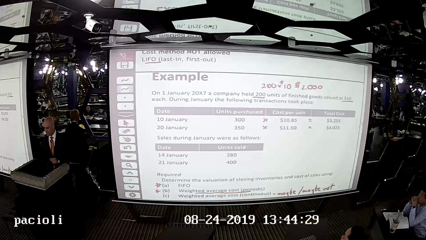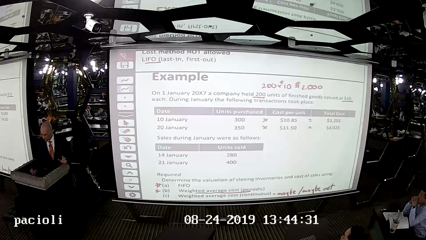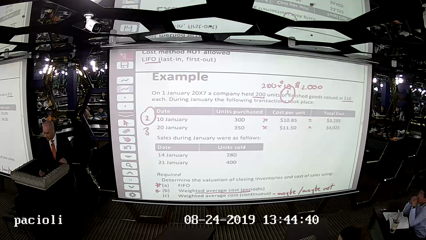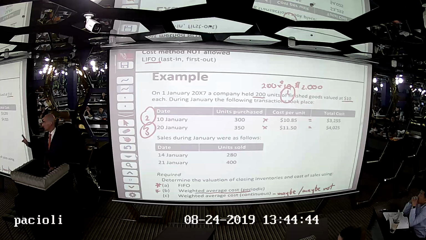So how many kinds of inventory do we have? Number 1, in the beginning we got the $10 inventory. Then we bought the $10.85 inventory, and then we bought the $11.50 inventory. So we bought 3 kinds of inventory.